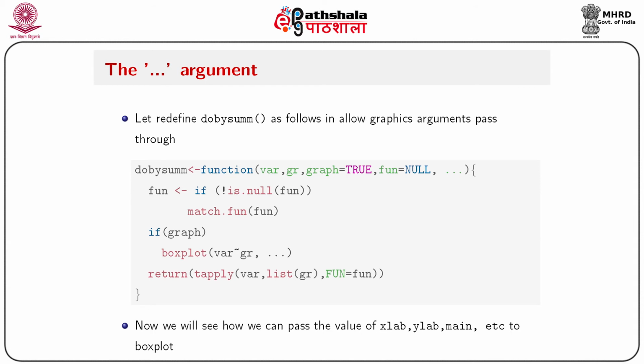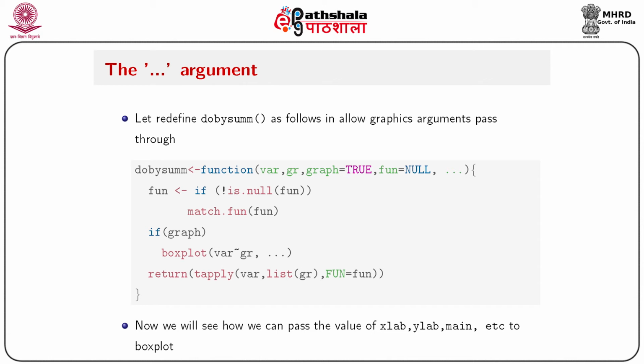Let's define doBy sum as follows, to allow the graphics arguments to pass through. Say doBy sum equals function variable, then graph as is, as in the earlier definitions, and the only argument that I am including is the triple dot argument.